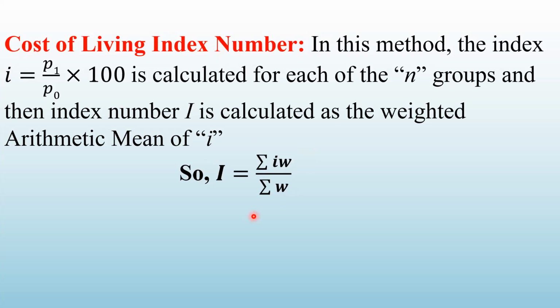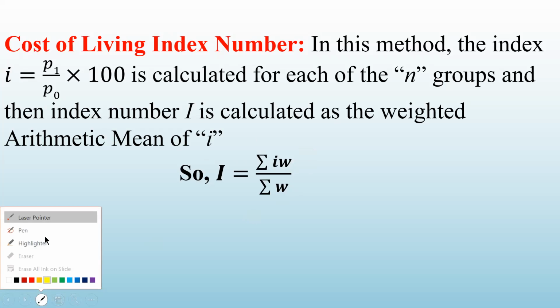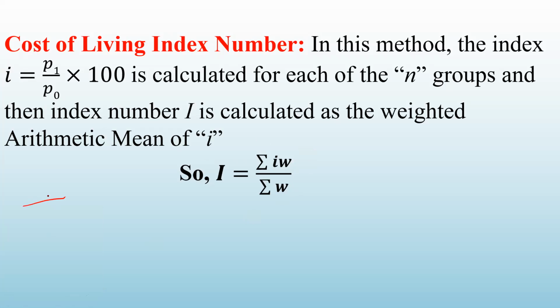This is called the cost of living index number, and this method of calculating it is called the family budget method.